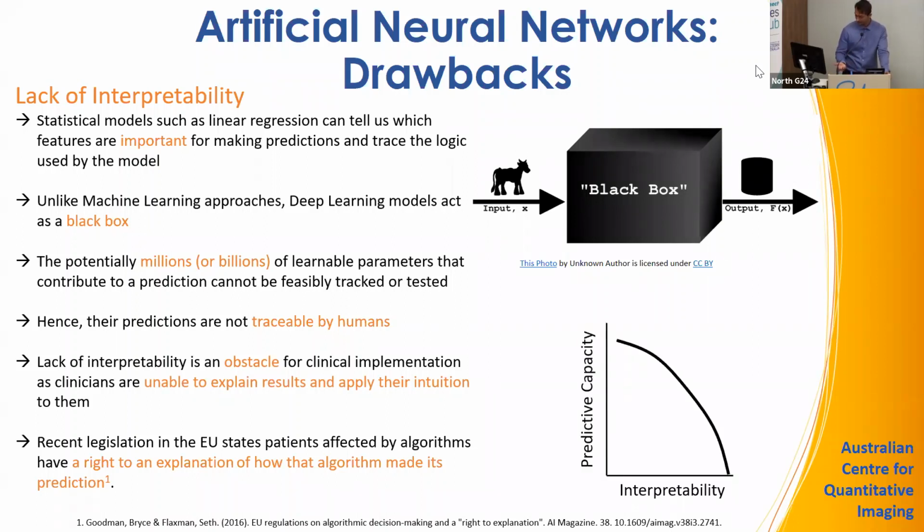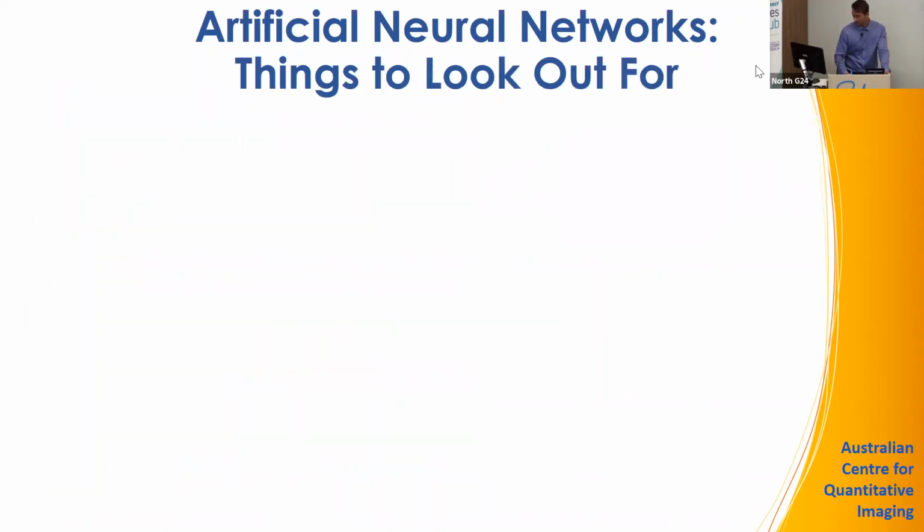But on the other hand, we know from experience that the less interpretable the model is, the greater its predictive capacity. So we kind of have to find that balance or just add greater levels of validation to our models in order to truly harness the power of deep learning without getting tricked by their outputs.